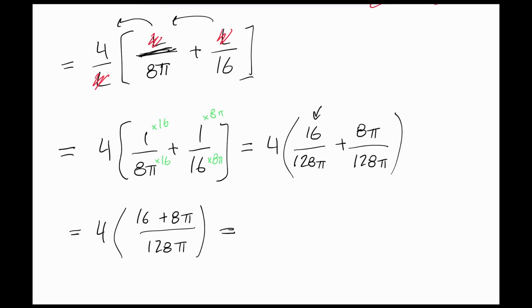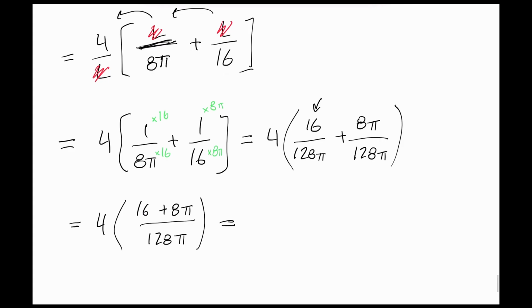Okay, I guess we have to use a calculator anyway. I don't know why I did all that. 8 times pi equals 25.13. I will do plus 16 equals 41 point blah blah blah divided by brackets 128 times pi, close bracket, equals 0.10.